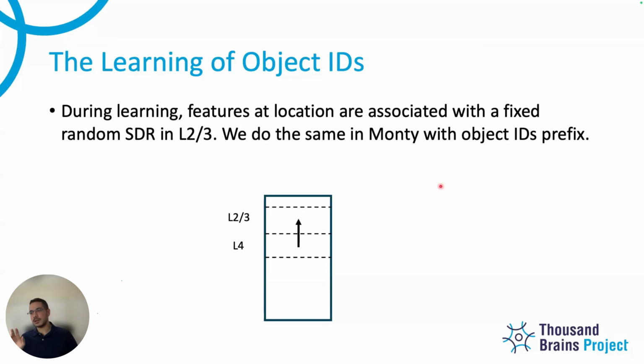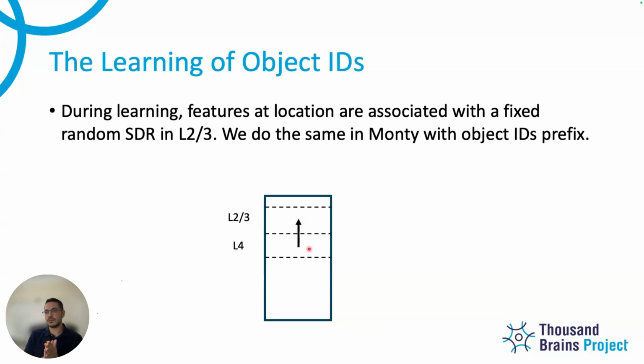okay, I'm going to now talk about the learning of object IDs. This is another topic, and we just touched on it a little bit a while ago. Basically, during learning, features at locations are associated with a fixed random SDR in layer 2 and 3. This is how we currently think about this.